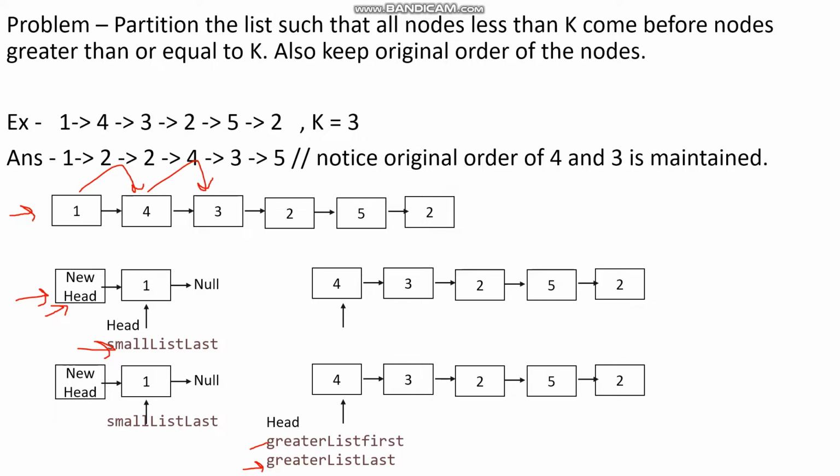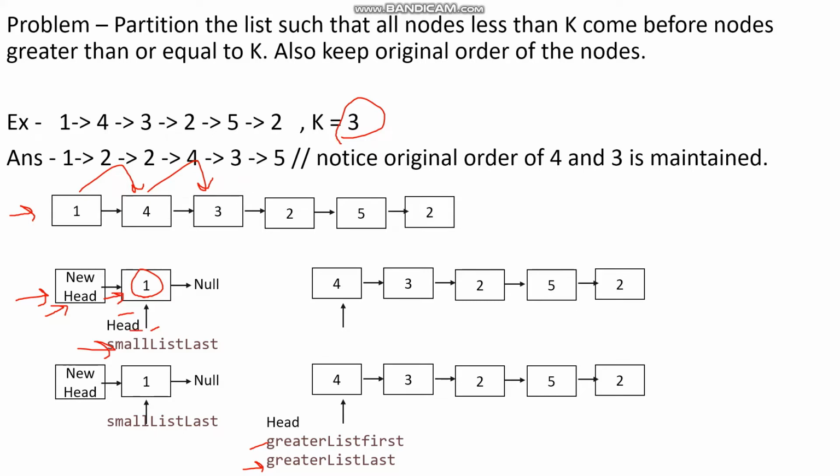So let's begin with the algo. Initially our head is here, and we will compare its value to the value of k, that is 3. It's smaller, so we will assign our small list last to that node, and our new head will point to this node, because this is going to be the first node of the small list.